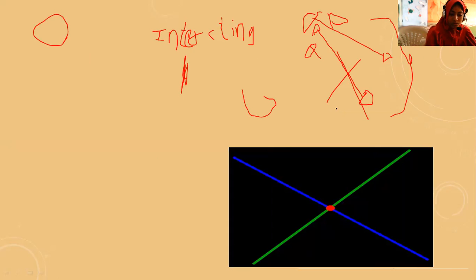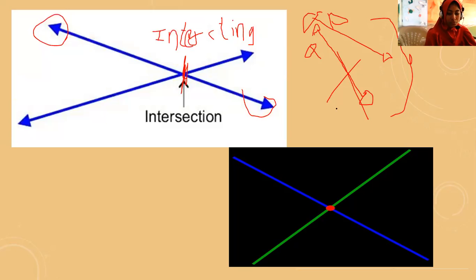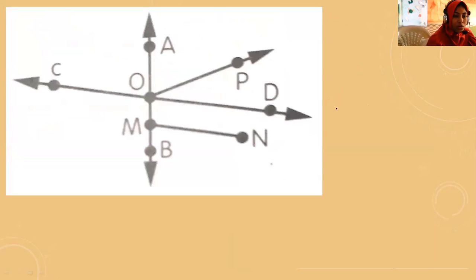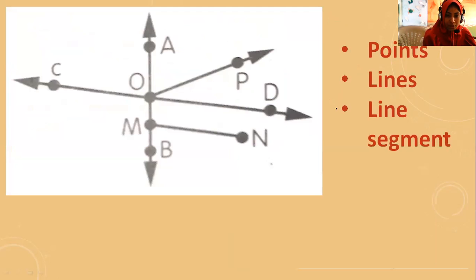Now let's solve some questions on this. In front of you there is a figure. This figure contains points, lines, line segments and rays. One is point, second is line, third is line segment, and fourth is ray.